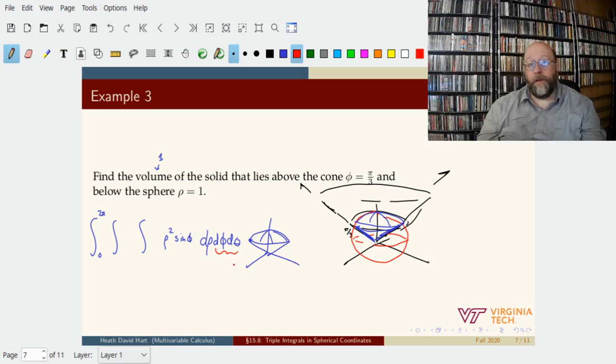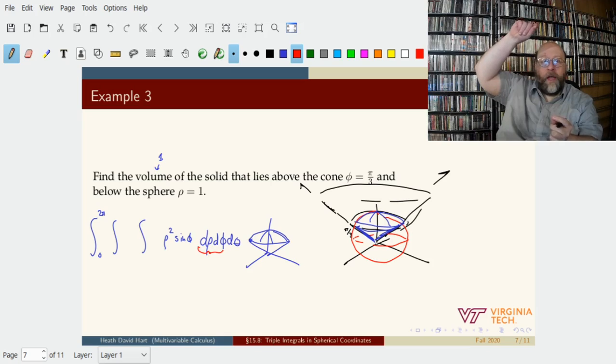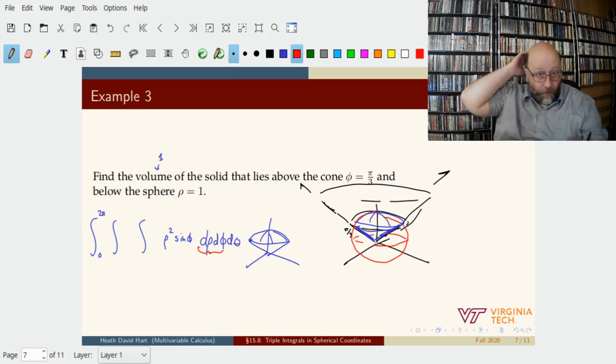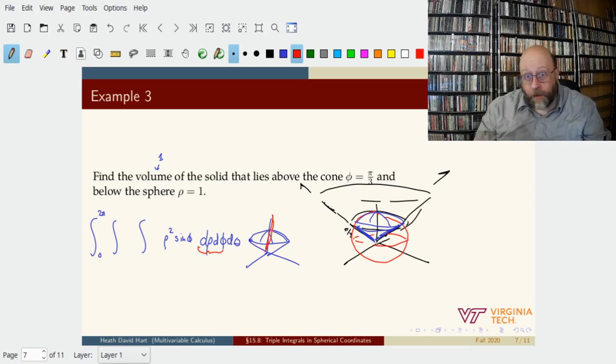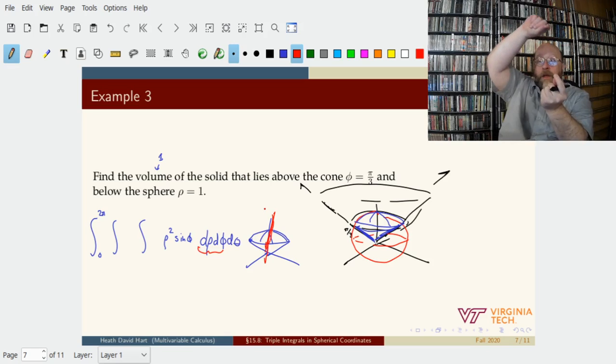If we try to use the wire metaphor, our wire extends in the rho direction, and it's moving in the phi direction. In other words, the wire extends along the z-axis, but instead of moving in a linear fashion, it's rotating.